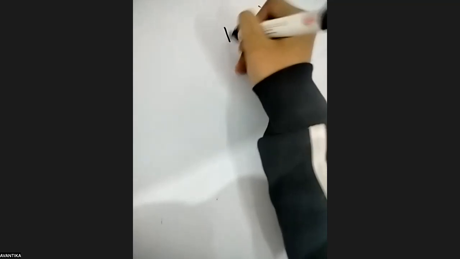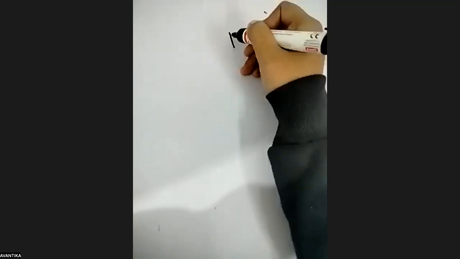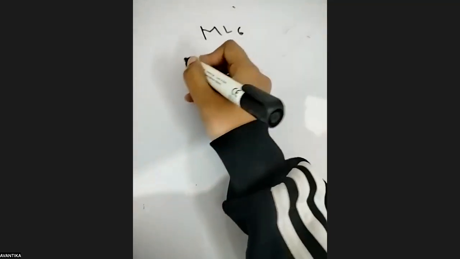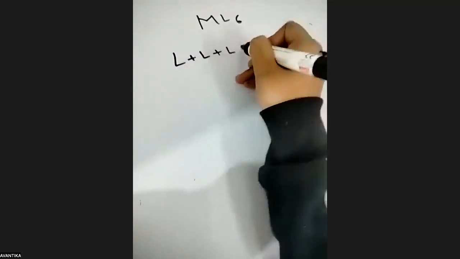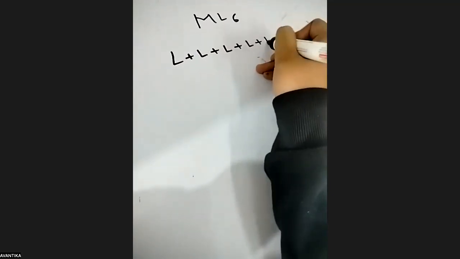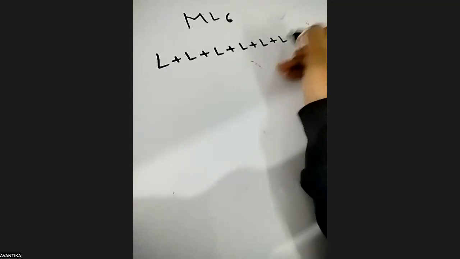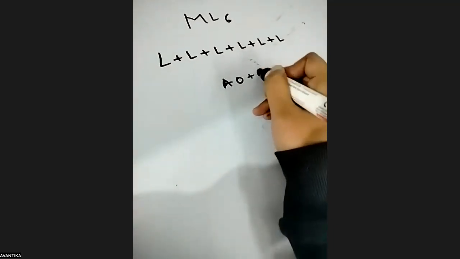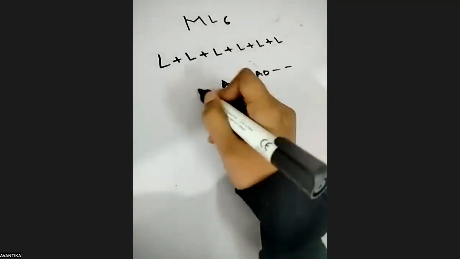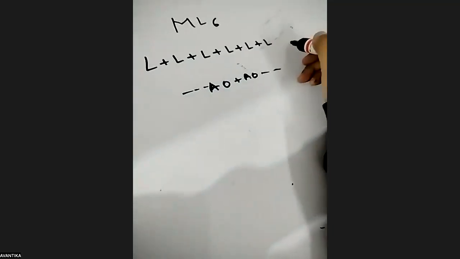If we take the case of ML6, then there are 6 ligands present, and the atomic orbitals of all these will combine to form 6 ligand group orbitals, and they will combine with the metal.